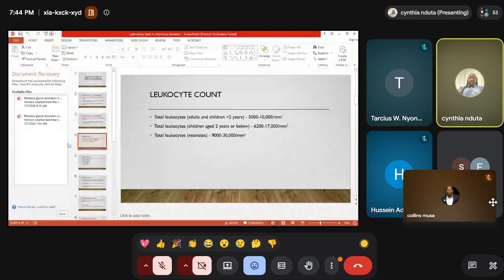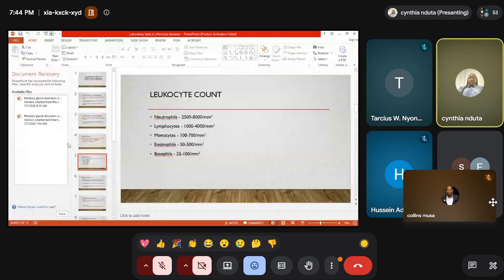So the leukocyte count is further divided into neutrophils, lymphocytes, monocytes, eosinophils, and basophils. Again, each of these has its normal range.